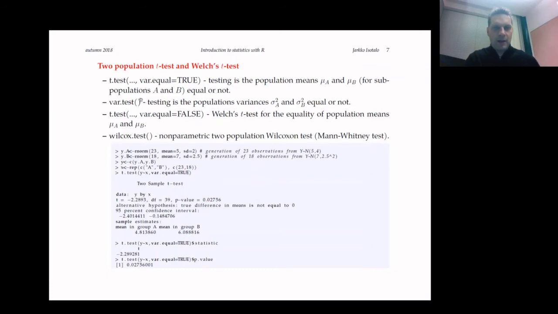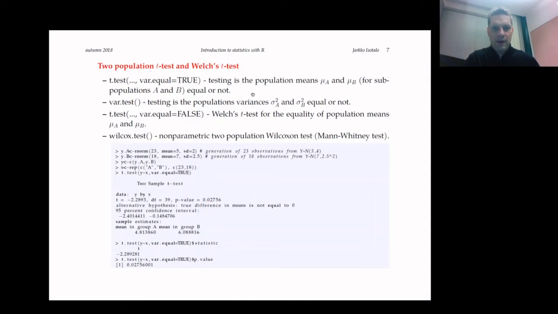And this gives us an F-type test statistic. So the t-test was this classical test for testing whether the population means are equal or not, but it assumes in a classical situation that these population variances are equal.